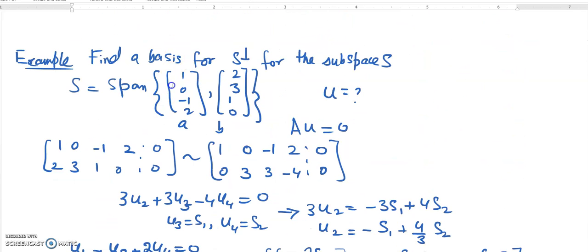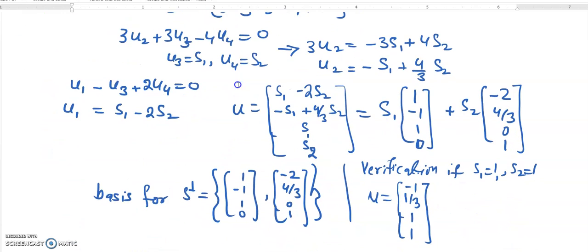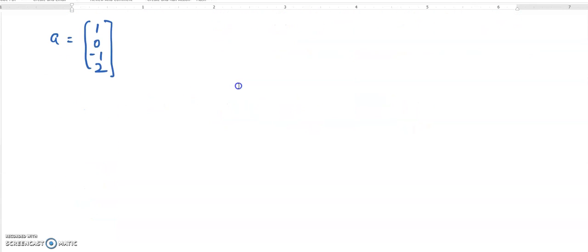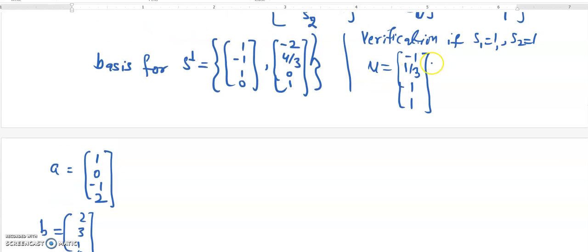This vector we call A, and the other vector was B, which is 2 3 1 0. And U we found as minus 1, 1 by 3, 1, 1.